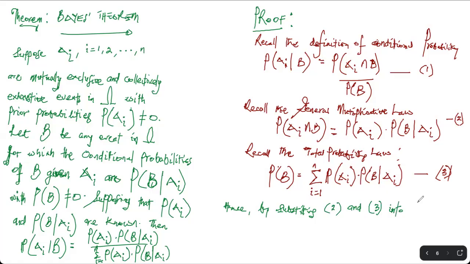We arrive at the expression that we need. The probability of Ai given B is equal to, so the top part simply becomes this: the probability of Ai intersection B becomes this.